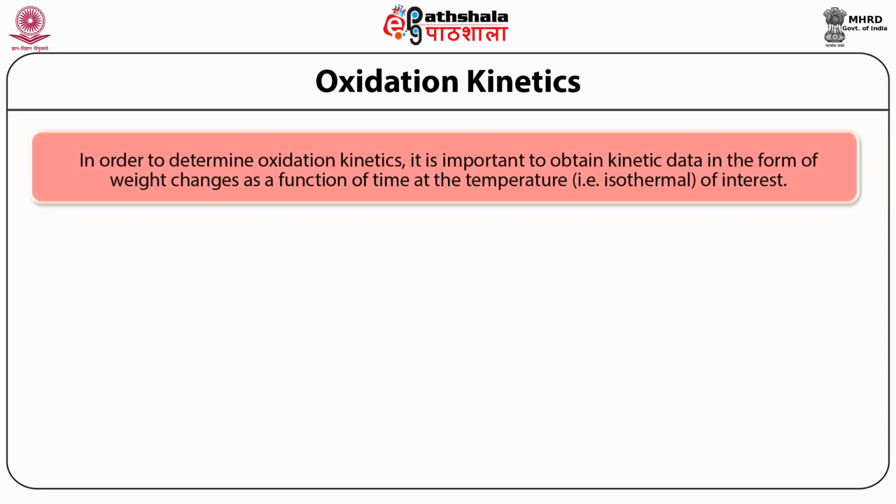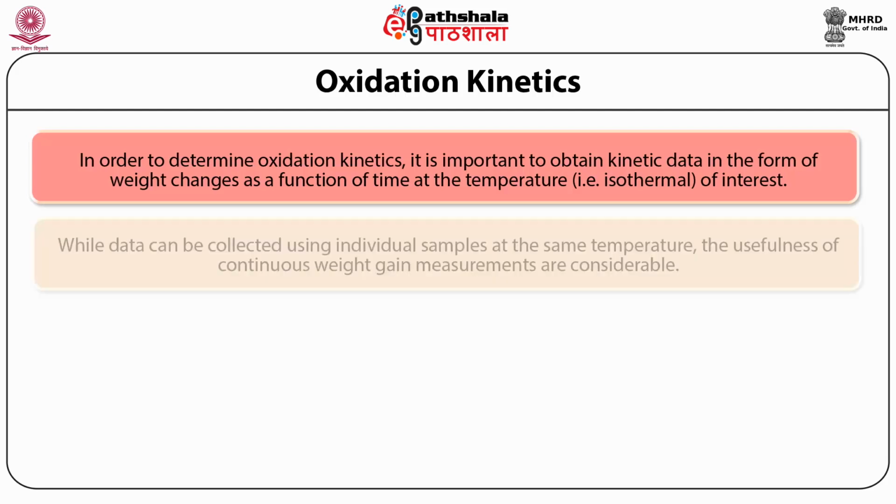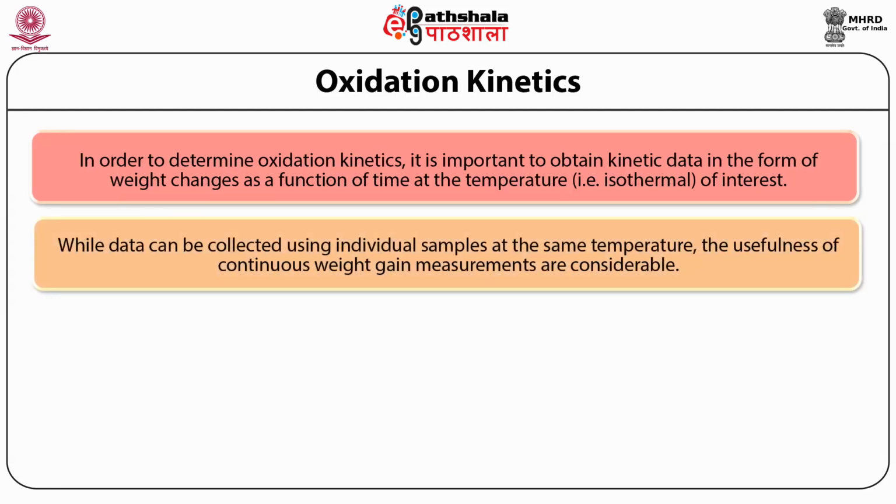In order to determine the oxidation kinetics, it is important to obtain the kinetic data in the form of weight changes as a function of time at the temperature of interest, that is, isothermal. While the data can be collected using individual samples at the same temperature, the usefulness of continuous weight gain measurements is considerable.